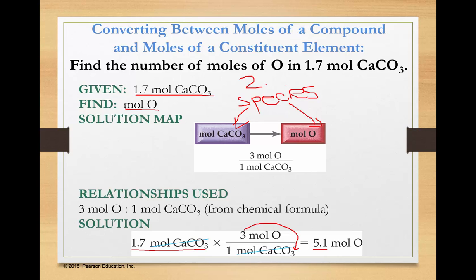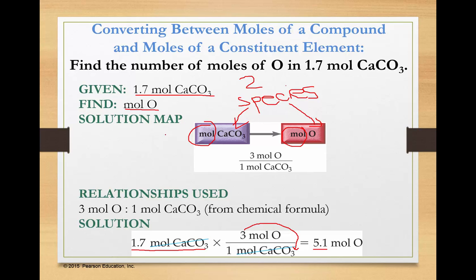If I am trying to convert from one species to another, I have to do it in terms of moles, mole to mole. Now I can go from grams of calcium carbonate to moles of calcium carbonate. I can go from moles of oxygen to grams of oxygen.